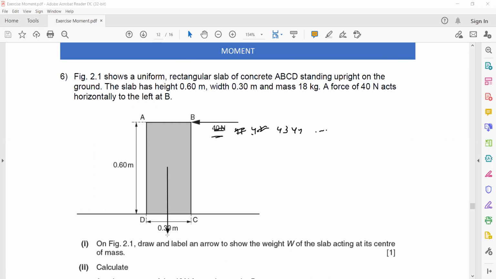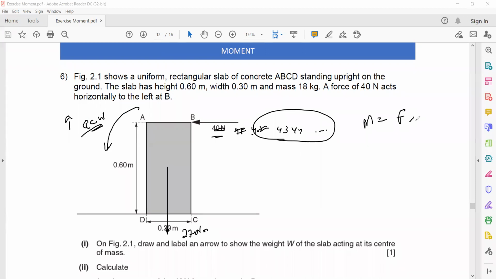The clockwise moment due to the weight is 27 Newton meter. But when we are gradually increasing the value of this force, the anti-clockwise moment will increase, because the moment is a product of force into distance. As we are increasing the force, the anti-clockwise moment will increase. As the anti-clockwise moment increases, what will happen?